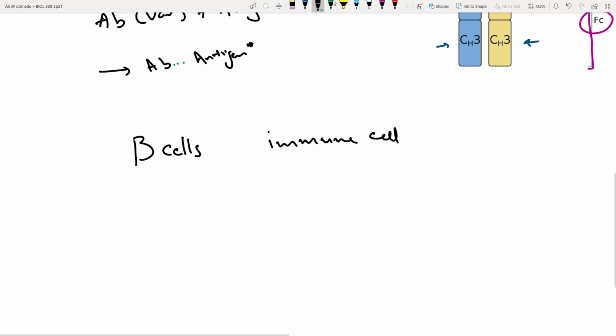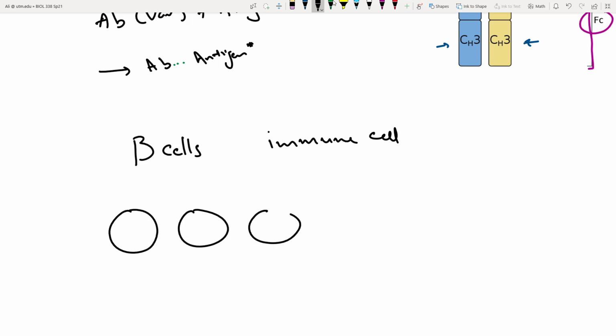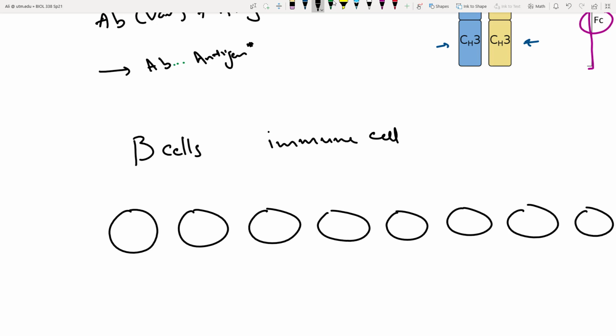So for example, let's say we have 10 B cells. 1, 2. Now, each one will be producing an antibody with a slightly different variable region. So we're just going to put an antibody on the bottom for each one.